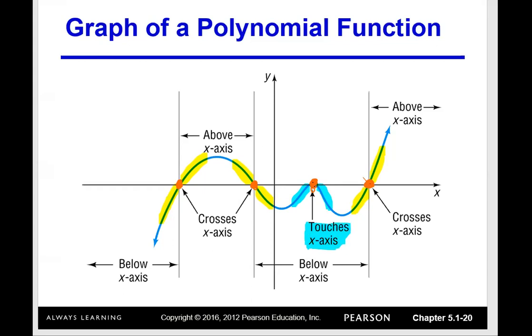It's like here's the x-axis, and your curve goes up, hits it, turns, and comes back down again. That means your top point right here is hitting the x-axis, but your graph never goes above into quadrant 1 or 2. It's still down in quadrant 3 or 4. And they say that touches it. The other two are crossing the axis.